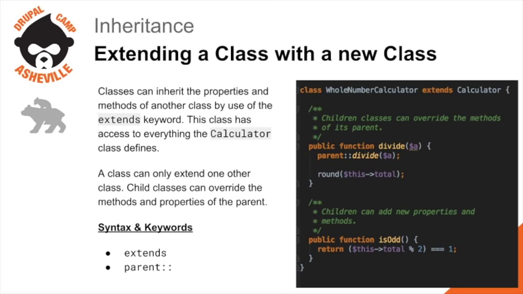So the syntax we need to worry about here is the keyword extends, which is how we inherit another class, and parent colon colon, which is a different accessor. Parent means the calculator class, and the colon is how we access something statically. So we're calling the parent's divide method.